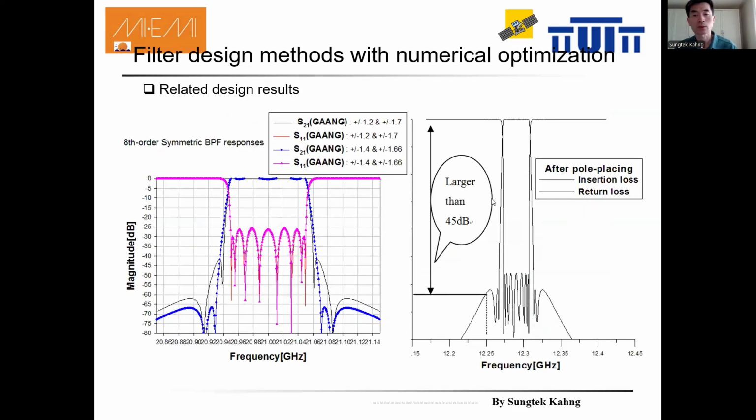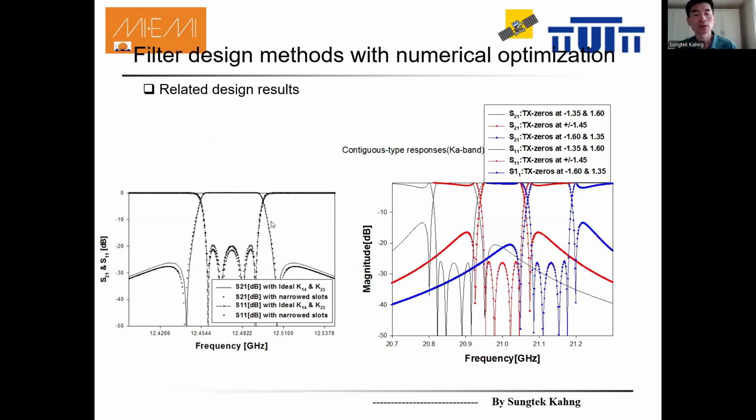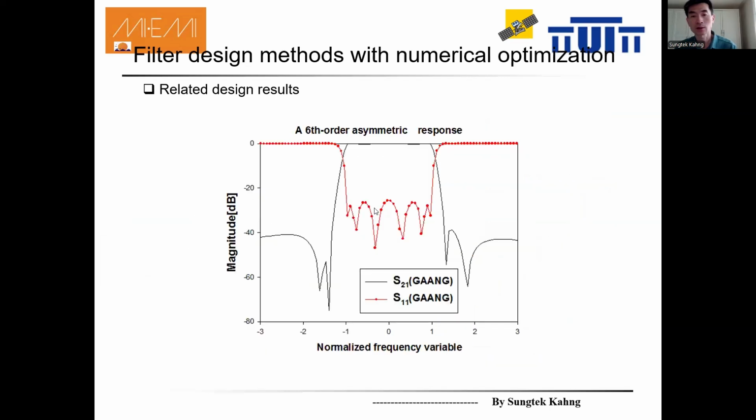This higher order filter is used as the channel filter for the channel splitter, but in the channel combiner, we need lower order filters like this. So there are one, two, three filters that are combined in the output multiplexer.